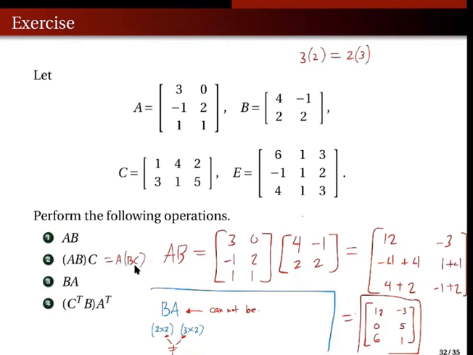So start multiplying BC first, then you multiply to the left A. In here, you multiply AB first, then multiply to the right C. So we will see later that this is true. By later, I mean in the next lecture.